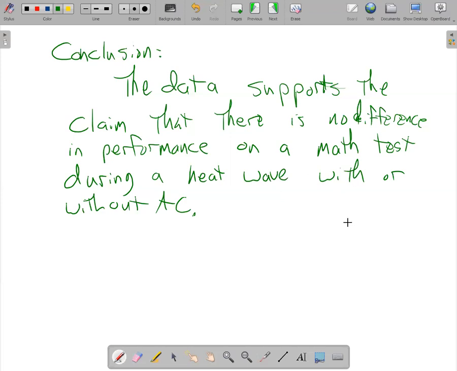Let's see, that there is no difference in performance on a math test during a heat wave where some students had air conditioning during the test and some didn't, right? So yeah, next we need to go over to the English department and help us revise this after.